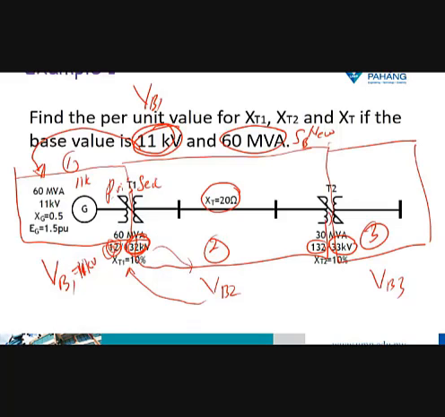Because we want to multiply by the voltage level here. We already calculated the base voltage level at this bus bar, which is V base 2. So we have to multiply by V base 2, not V base 1. V base 1 is over here, it's far away. We cannot multiply by V base 1. V base 1 is for this bus bar, not this bus bar. This bus bar is V base 2.